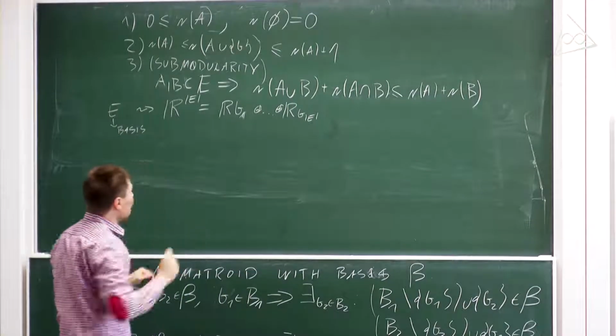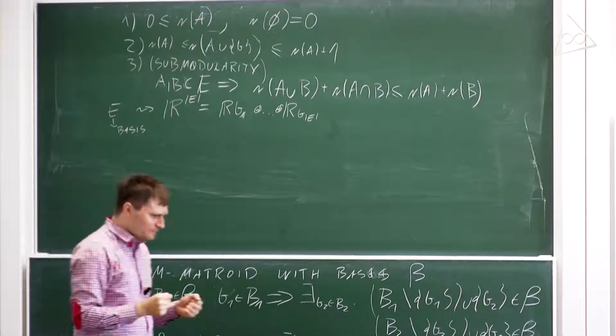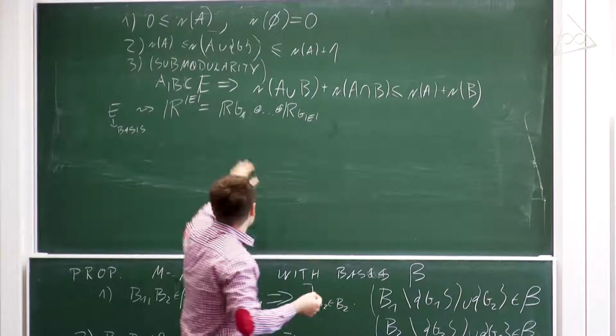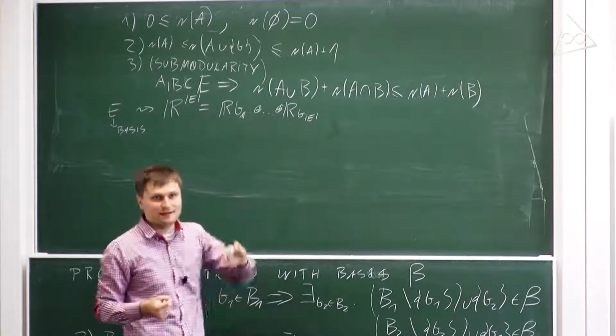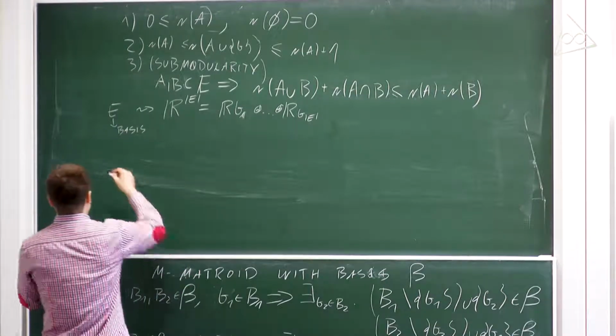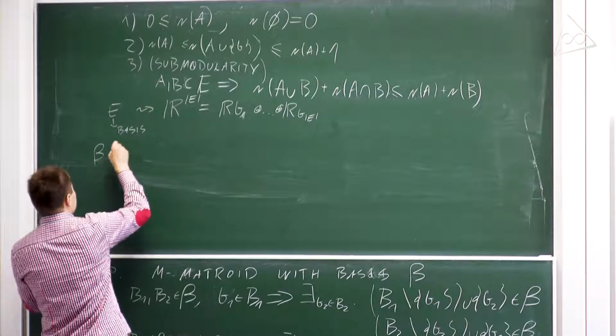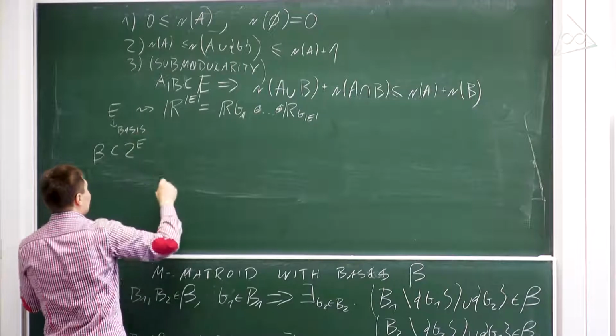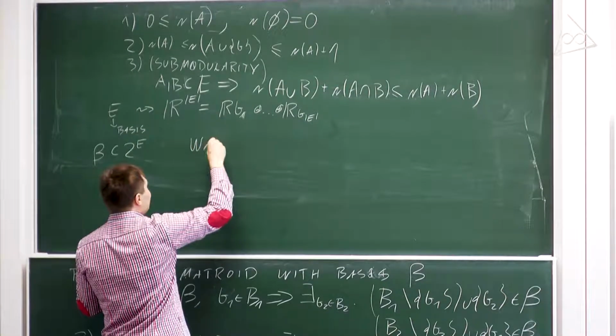Yeah? Okay. And now I want a finite set of points in this vector space, of lattice points. And I have bases, yes? So I have a set of bases. And I want a polytope, a lattice polytope.